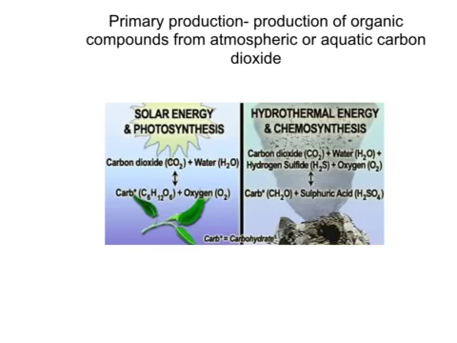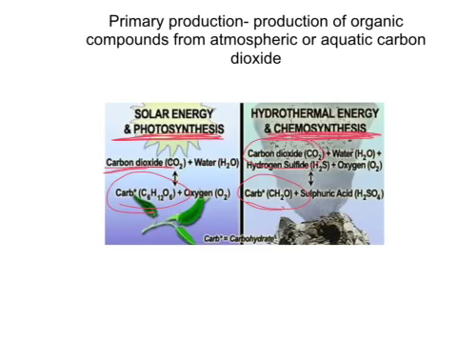So primary production is the production of organic compounds from atmospheric or aquatic carbon dioxide. You can see on the left here the photosynthesis process using the atmospheric carbon dioxide to help produce those organic compounds. Over here on the right, the aquatic carbon dioxide is acting as a source to produce the organic compounds. So this can occur via photosynthesis or chemosynthesis.